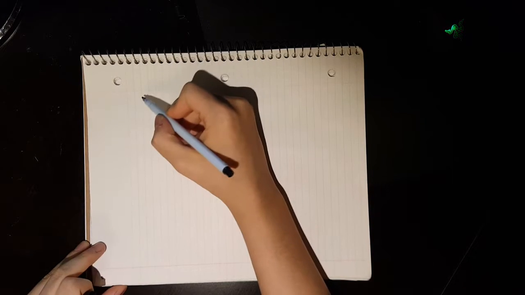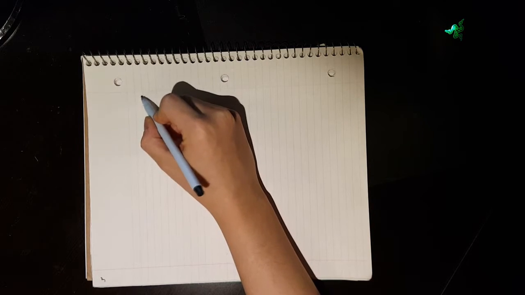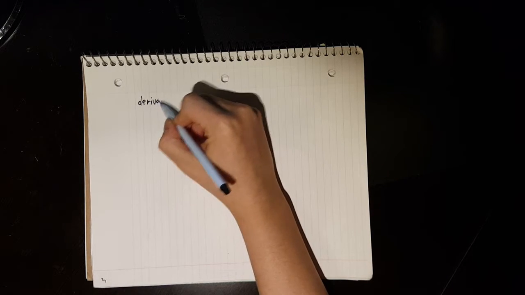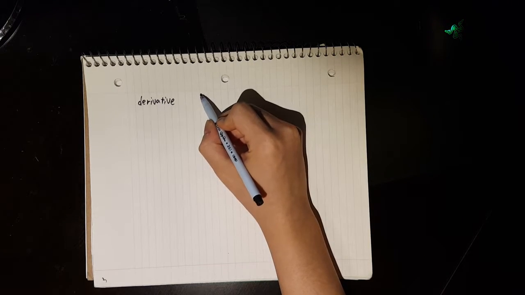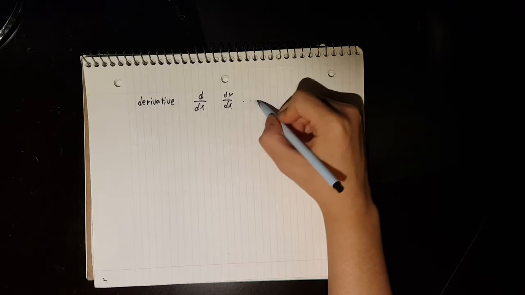We're going to talk about derivatives today, and maybe next time if we don't finish today. So, a derivative is usually written as dy/dx, or dx, whatever.